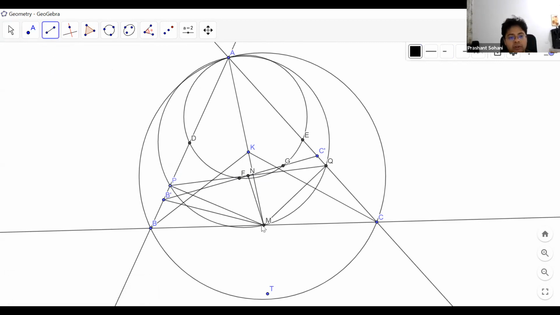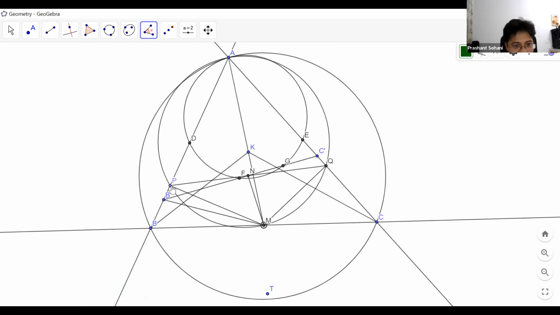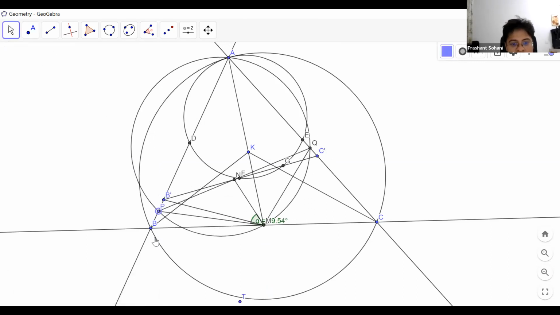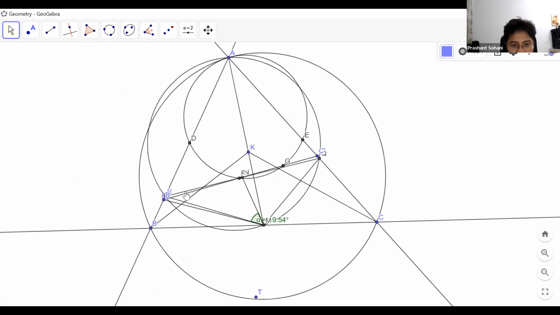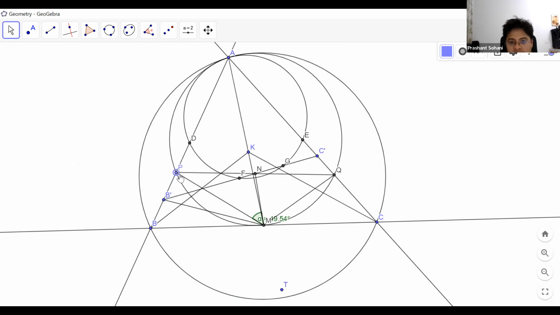So whatever is the locus of P, that will get transformed into the locus of N. This angle alpha is constant and the ratio PM upon NM is also constant. Therefore, since P lies on a straight line, N will also lie on a straight line.